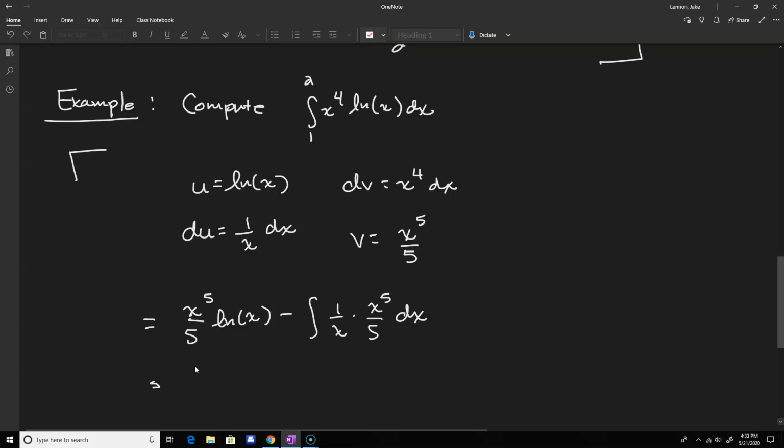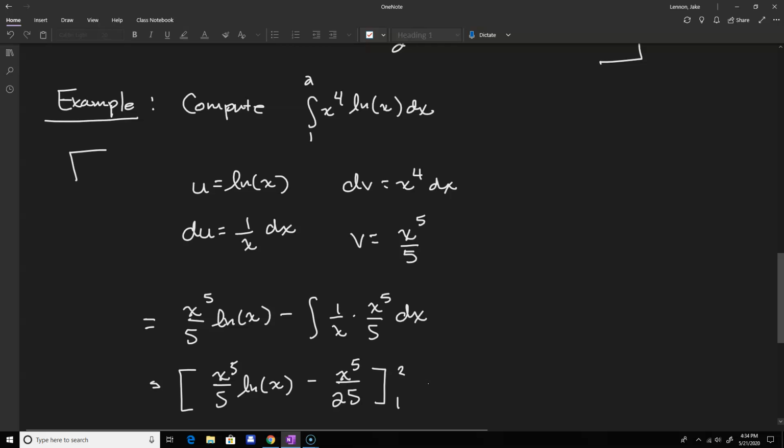And what is that going to leave us with? I'm going to put it in parentheses now because I'm going to add those limits back in. X to the 5th over 5, natural log of x, minus, well, this integral here is just x to the 4th over 5, which is going to be x to the 5th over another copy of 5, so that'll be x to the 5th over 25, and we're going from 1 to 2, putting those limits back.